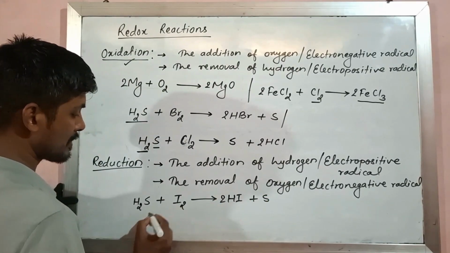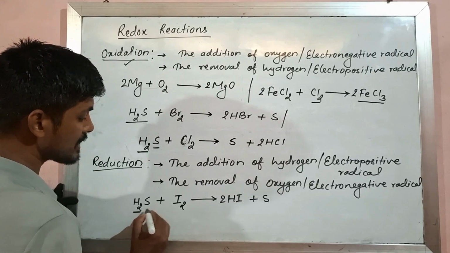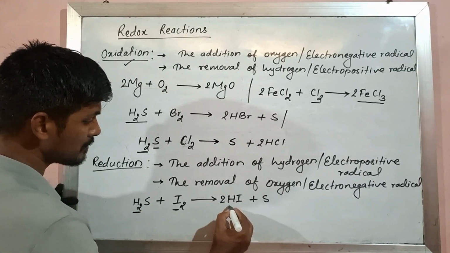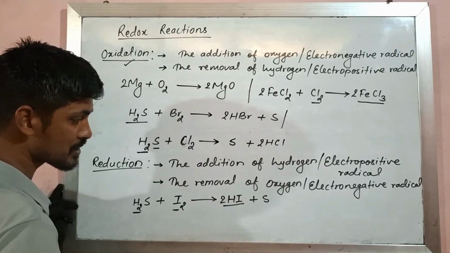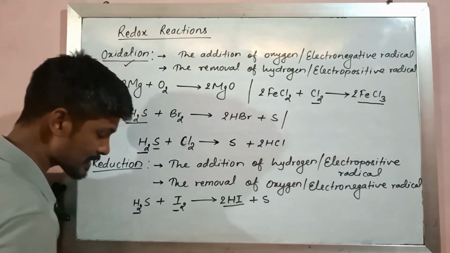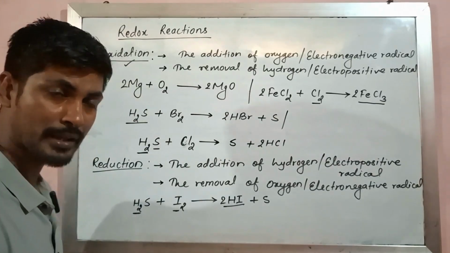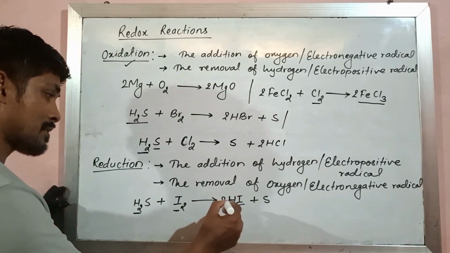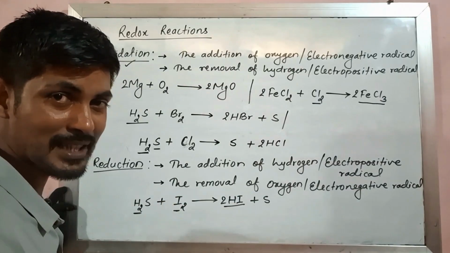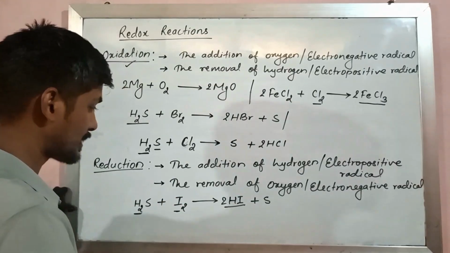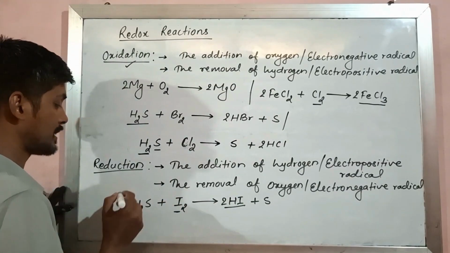In this case, hydrogen is added to iodine to form hydrogen iodide, and this is called the addition of hydrogen. As we know that addition of hydrogen is reduction, so this is reduction here.